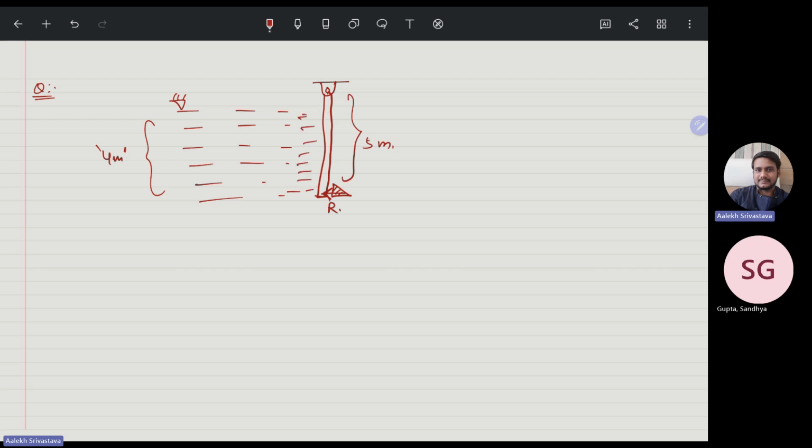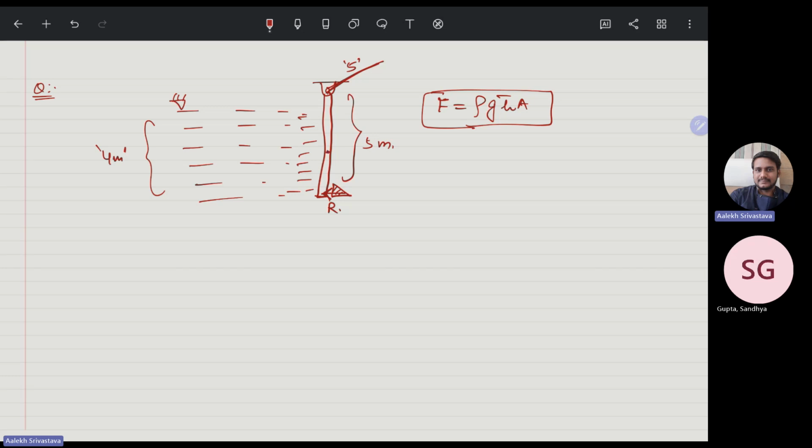As you know, this is again a force on a vertical plate, that is rho g h bar into A. The plate width is 5, so it is 5 in length, and also 5 in width.